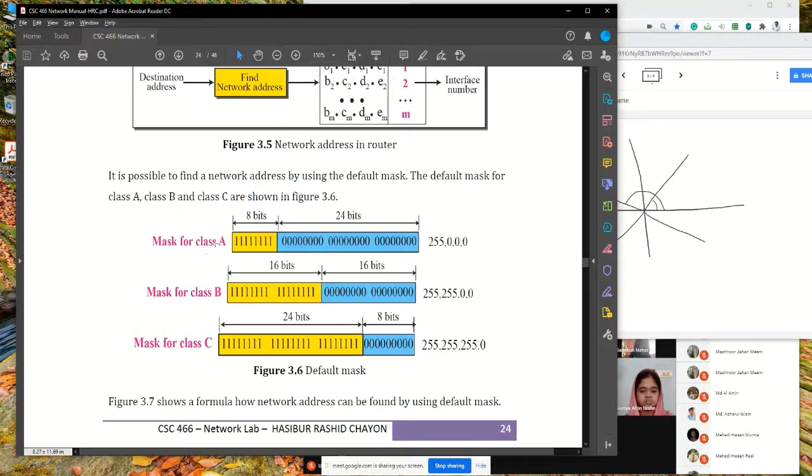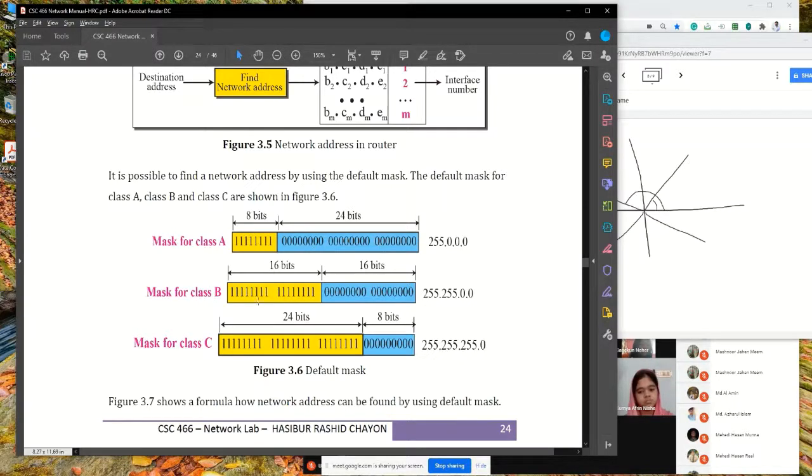For class A, obviously our network portion is the first 8 bits. So the first 8 bits will be 11111111, and the rest will be 0000. When we convert this all-1s number into decimal, we find it is 255, because that is the maximum, and the rest is 0.